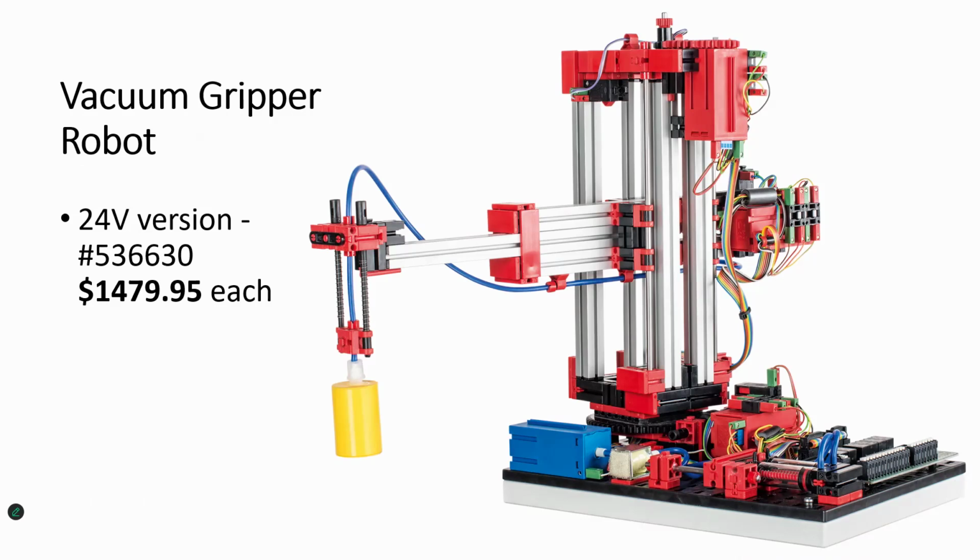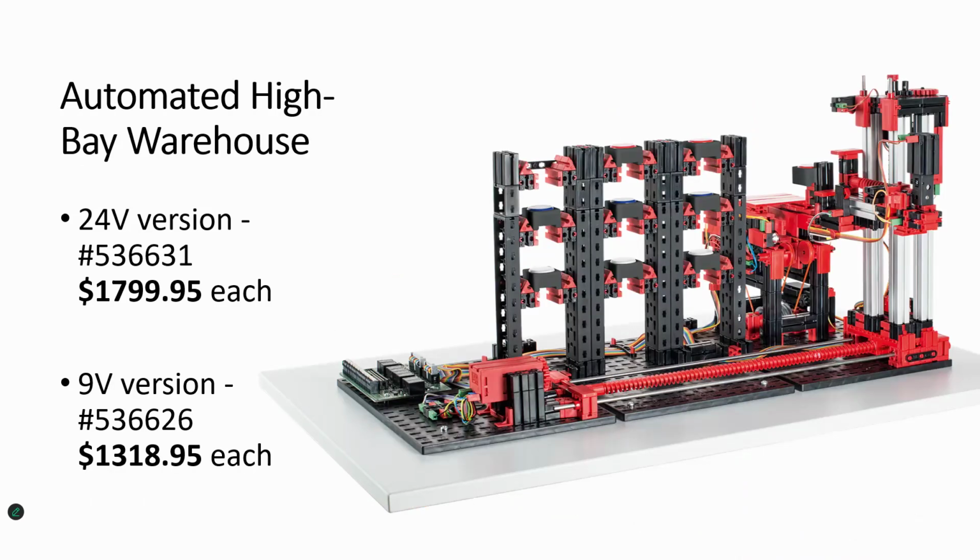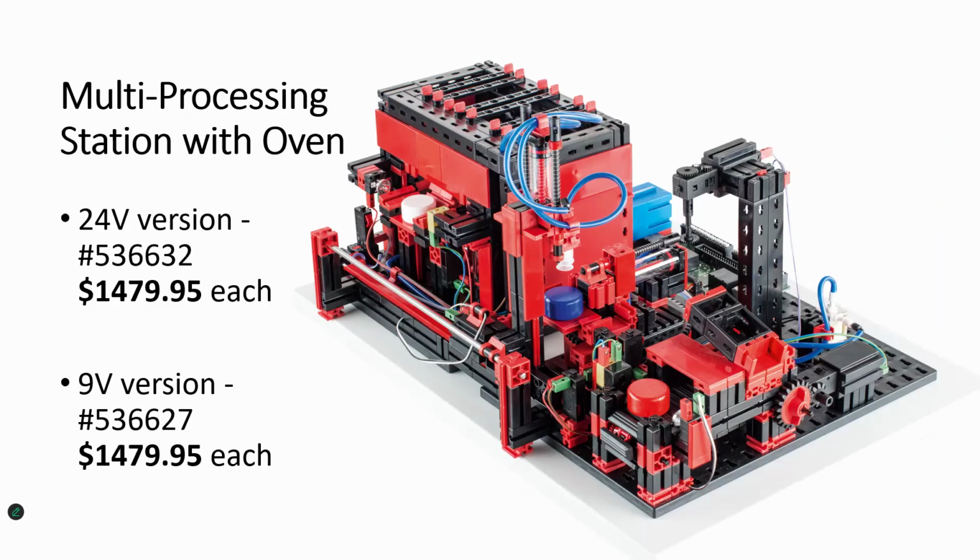The automated high bay warehouse in the 24-volt version, $1,799.95. The 9-volt version, $1,318.95. Again, all these 24-volt versions we've looked at so far, you need to provide your own PLC programming, etc. The multi-processing station with oven, the 24-volt version, $1,479.95.